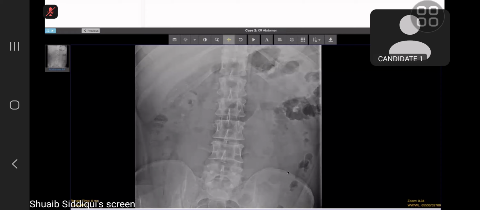There's no obvious dilatation of any bowel loops. The domes of the diaphragms are not covered, so it will be difficult to comment if there is any presence of air under the diaphragm in this film.